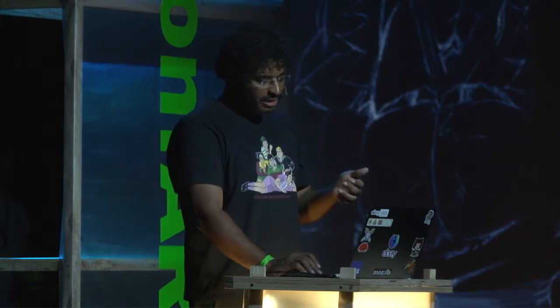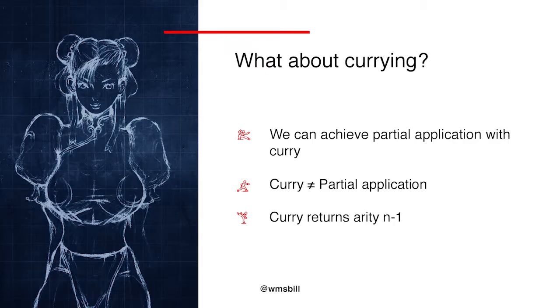So someone can say, yeah, what about currying? Yes, we can achieve partial application with currying, although currying is different from partial application, because currying takes a function with arity n and returns another function with arity n minus 1.